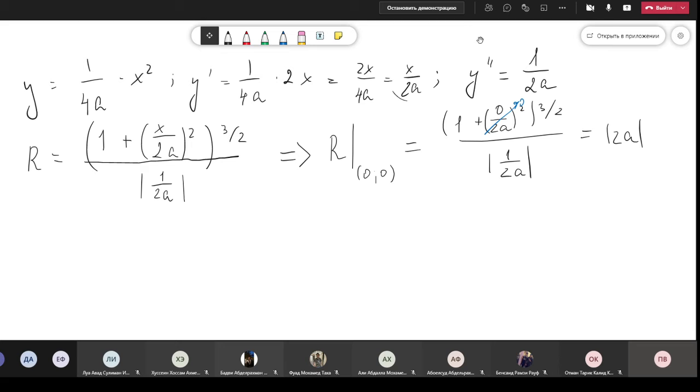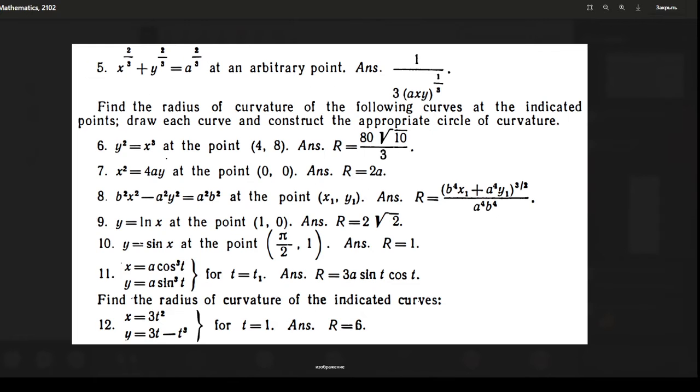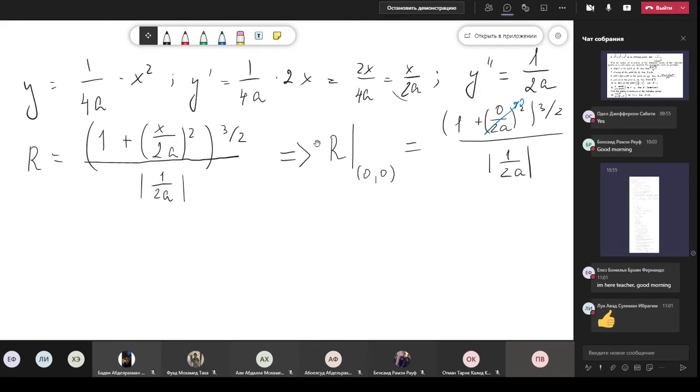And what does the author of our book want of us? Find the radius of curvature of the following curve at the indicated point. Draw each curve. Yes, we haven't drawn it. Now we will do it and construct the appropriate circle of curvature. Yes, we can do it.